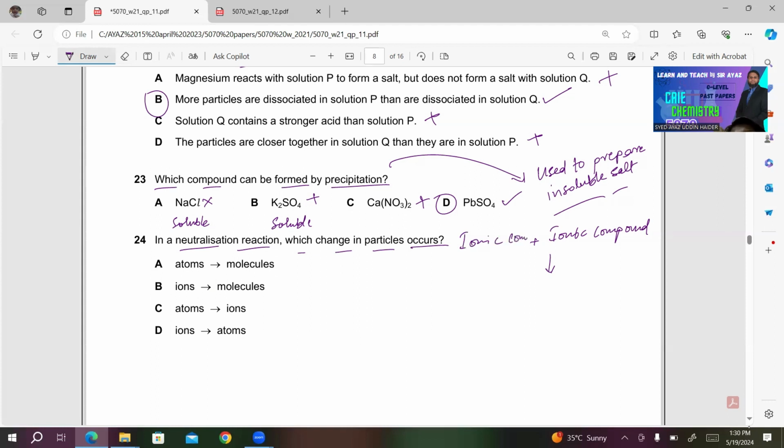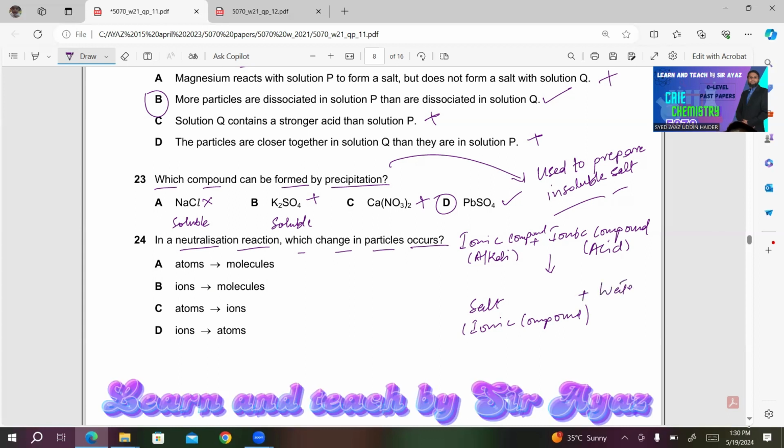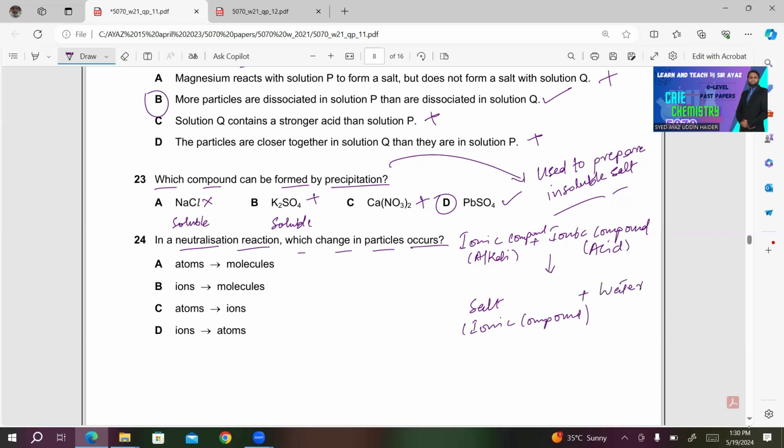Both are in the ion state, and they form a salt, which is an ionic compound. What else are we getting during a neutralization reaction? We'll get water. So water is a covalent compound. It's not ionic.